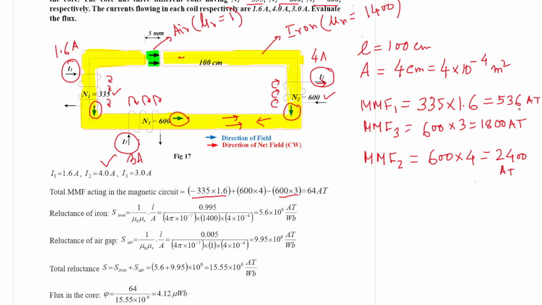536 ampere turn. So if you add these two, because you see these two are additive, because they will be acting in the same direction, then MMF 1 plus MMF 3 will give you 2336 ampere turn.